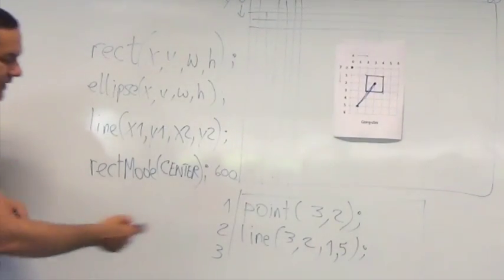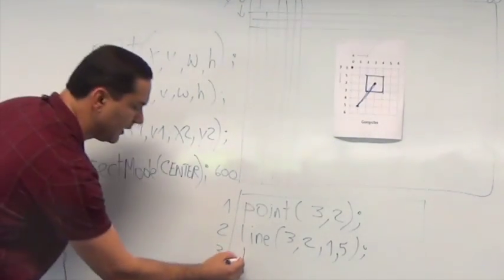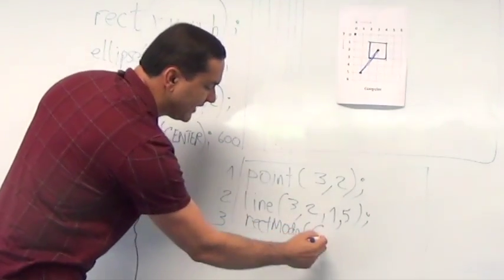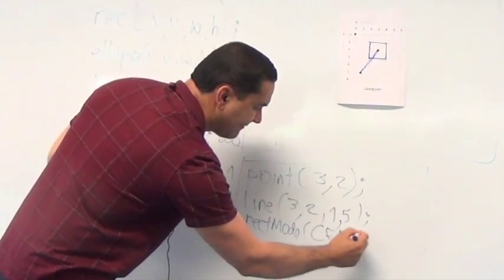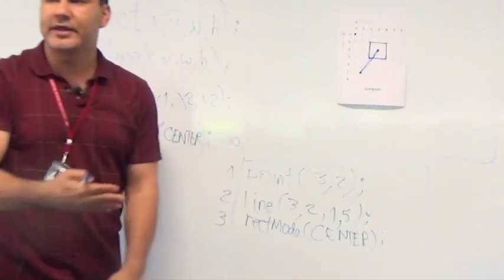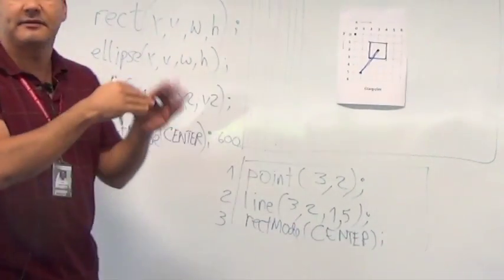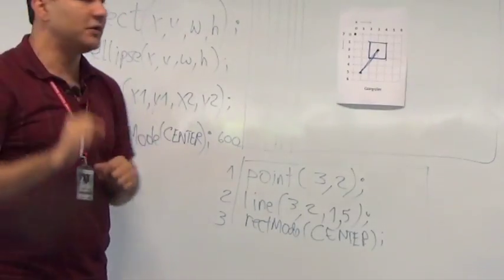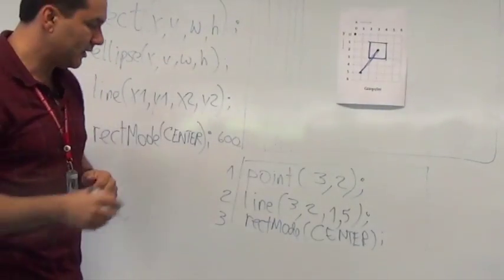So in the line of instruction here, I can say rectMode and then I put center. After I do that, from now on, every time I put a rectangle, it's always going to use the center point as the location.